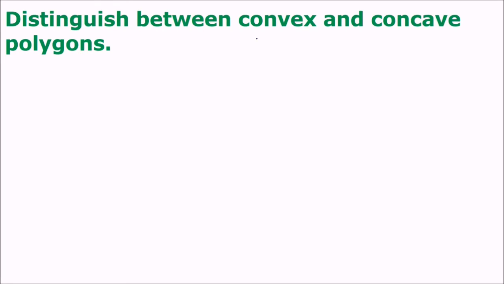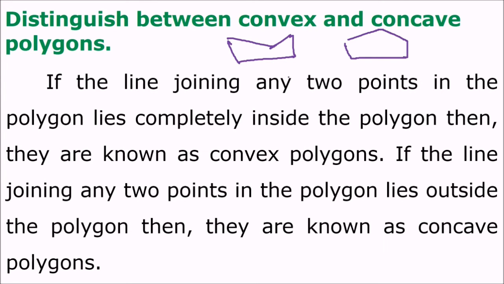Distinguish between a convex and a concave polygon. This form can be called concave, and this can be convex. If the line joining any 2 points in the polygon lies completely inside the polygon, then it is known as convex.